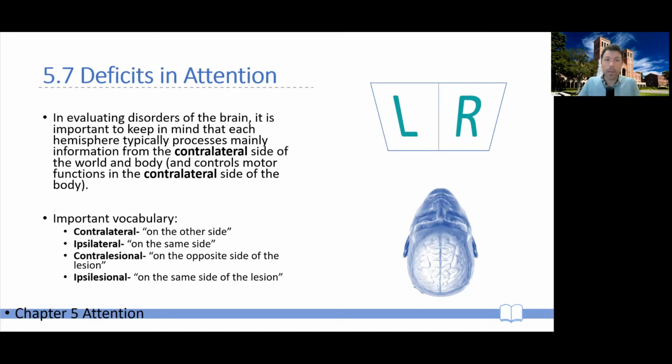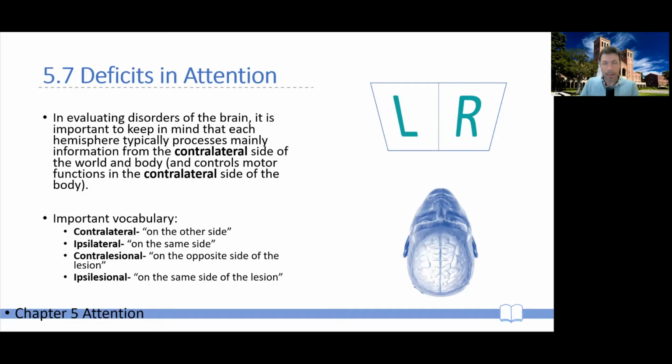And I want to make sure these terms are clear because they will come up through the rest of this lesson. So when I say contralateral, I mean on the opposite side. If I say ipsilateral, I mean on the same side.